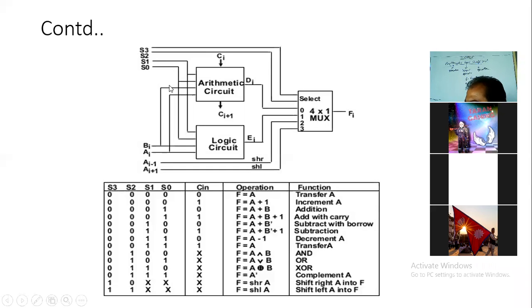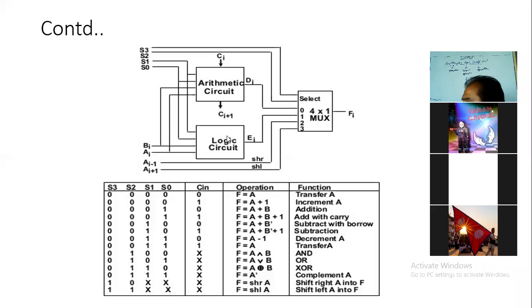Here we have AI and BI as the inputs to the logic circuit, and the same inputs to the arithmetic circuit. Listen carefully, students. The arithmetic logic shift unit performs various arithmetic operations, logical operations, and shift operations. In this diagram, we have arithmetic circuits which perform operations like addition, subtraction, increment.